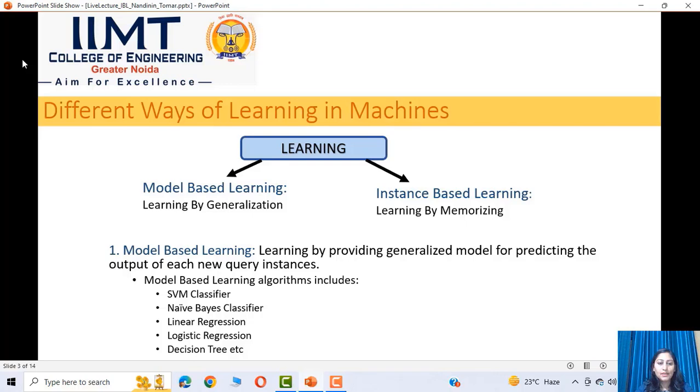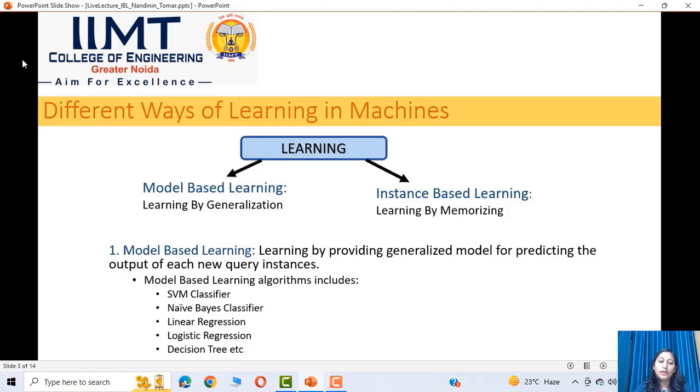Model-based learning is learning by generalization. It means that the machine provides a generalized model with the help of the given data set for predicting the output of each new query instance.